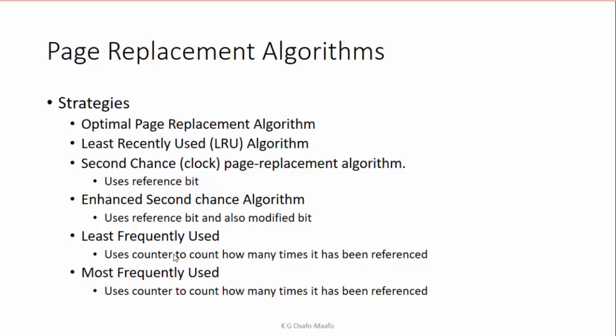Least frequently used. The other thing is there are two types: least frequently and most frequently, and both have their ideas. So least frequently is saying, well, I'm going to kick out those pages that I've not been using frequently.